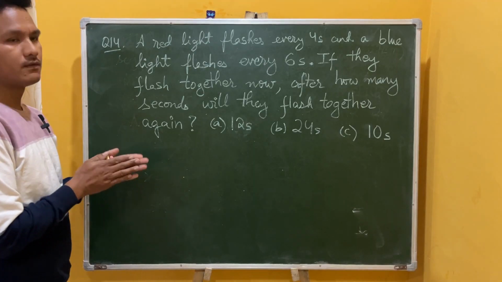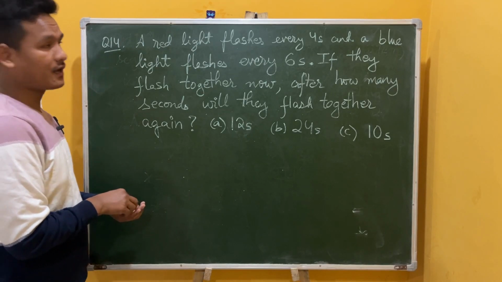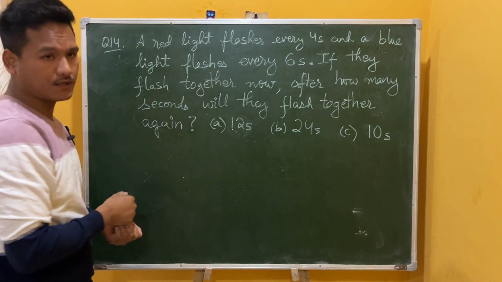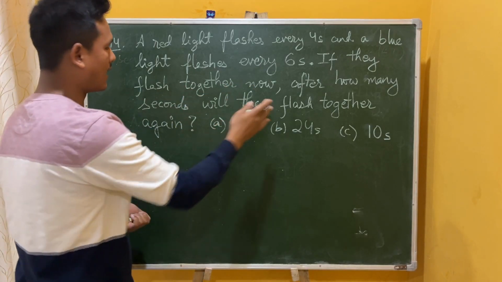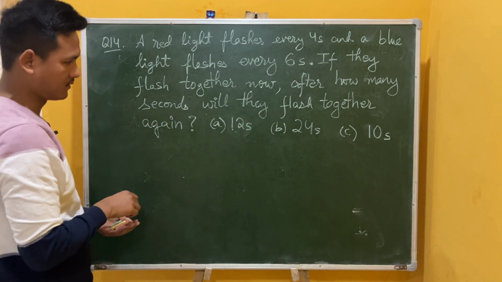Okay, we come to question number 14. It says a red light flashes every 4 seconds and a blue light flashes every 6 seconds. If they flash together now, after how many seconds will they flash together again?